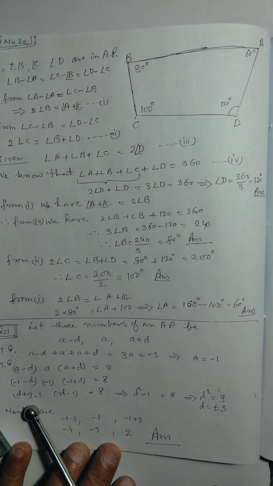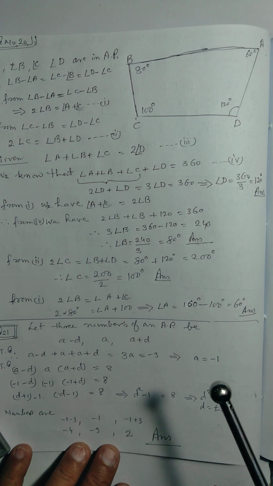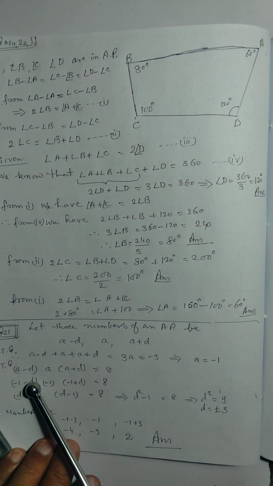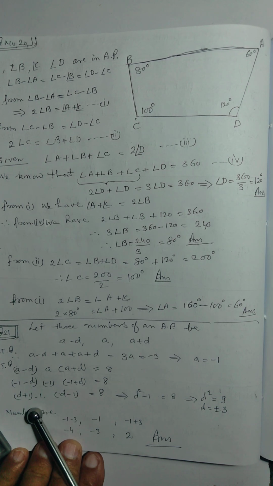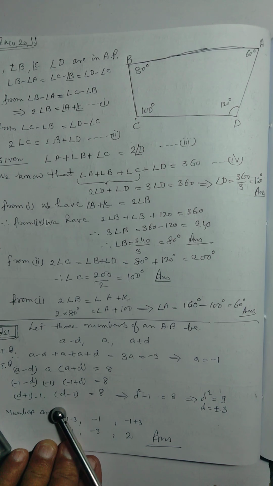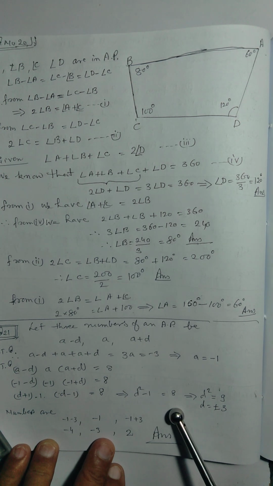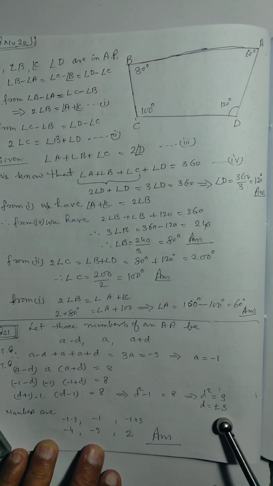So D plus 1 into 1 into D minus 1 is equal to 8. D square minus 1 is equal to 8. D square is equal to 9. So D is equal to plus minus 3.